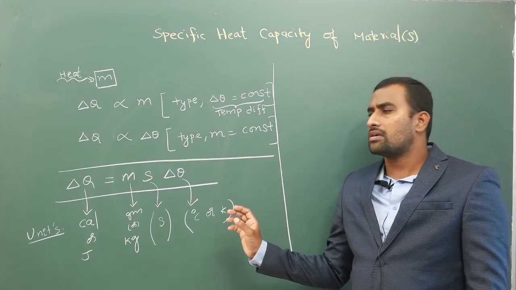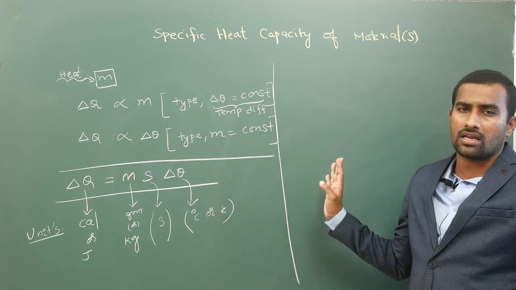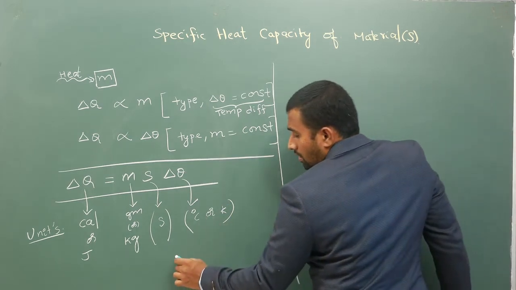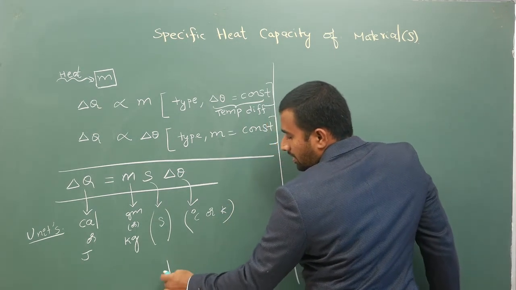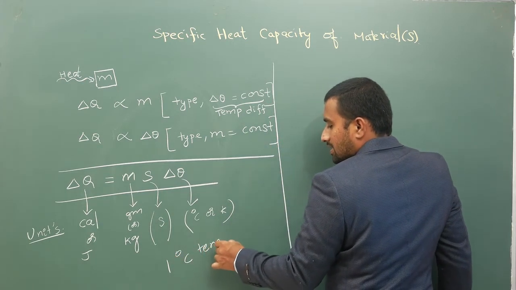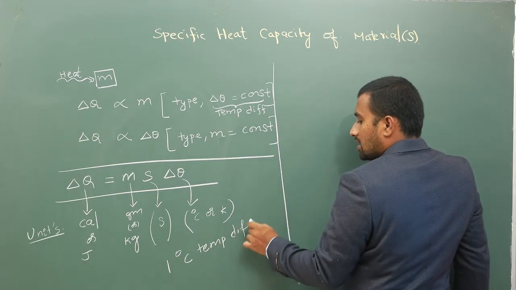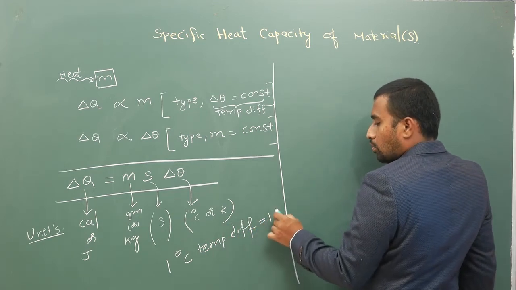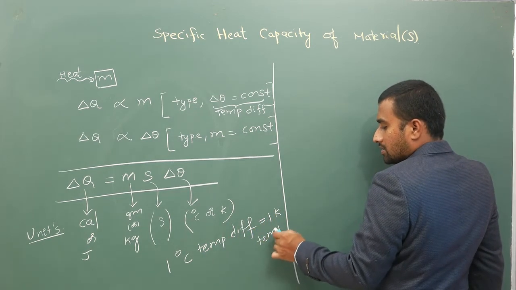Wherever temperature is there, go for Kelvin. One thing I want you to remember is that a 1 degree centigrade temperature difference is the same as a 1 Kelvin temperature difference.